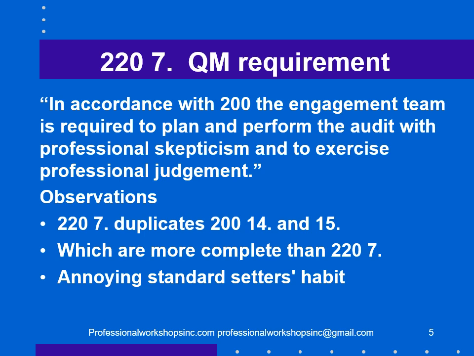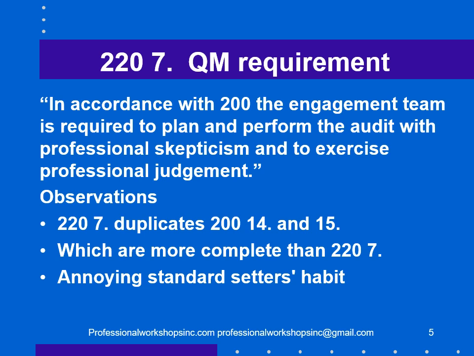So that's kind of annoying, that we have the same standard twice in the book, and sometimes we have them 3 or 4 times. This is an annoying standard setter habit, and it can lead to extra work, extra documentation, duplication. For instance, if you compare 240 and 315, 240 is about what we do for fraud. 315 is about what we do for both fraud and error.